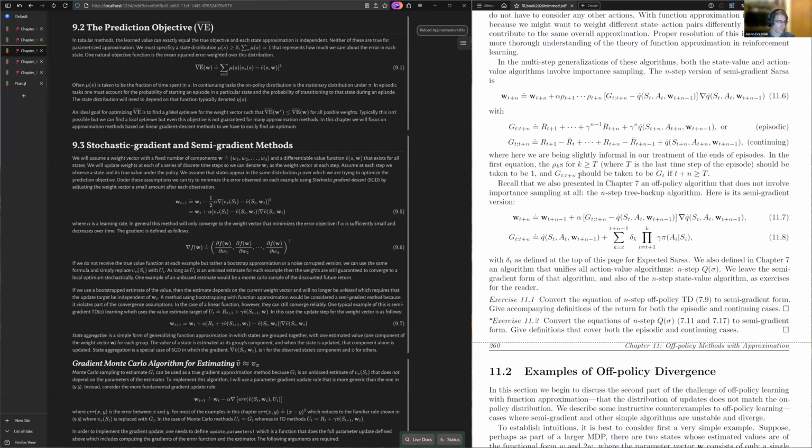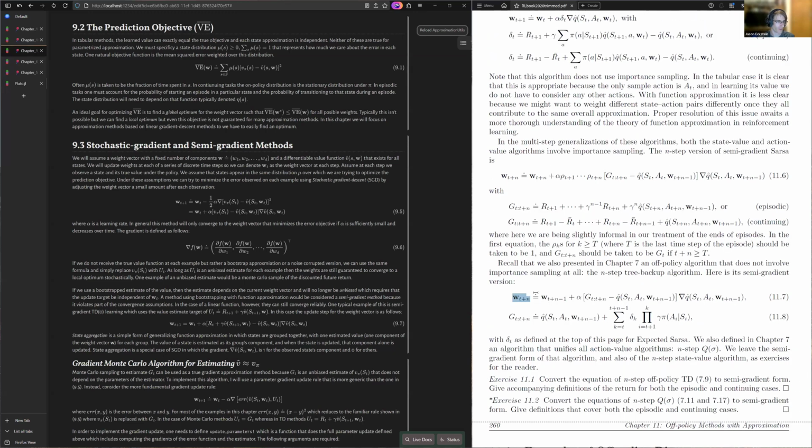So yeah, and then there were some other methods considered. These were all in chapter 7, but there were mixed methods where you would do expected updates in certain steps, and then sample updates with an importance sampling ratio on other steps.